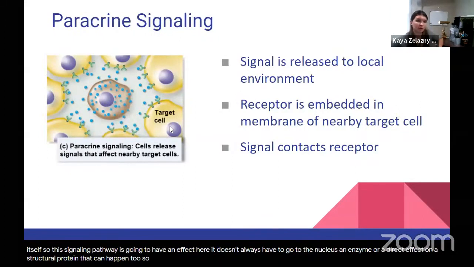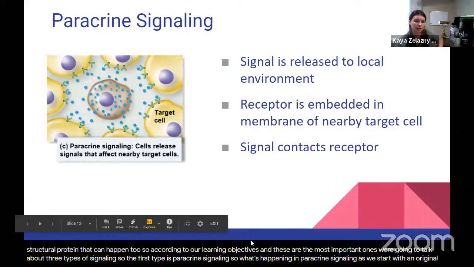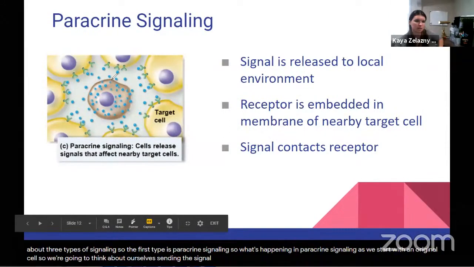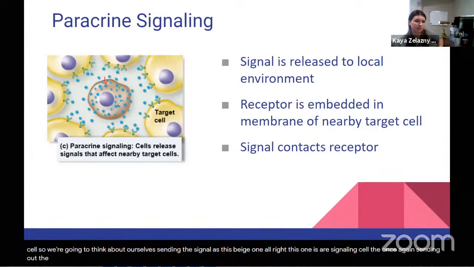So according to our learning objectives, and these are the most important ones, we're going to talk about 3 types of signaling. The first type is paracrine signaling. What's happening in paracrine signaling is we start with an original cell. We're going to think about our cell sending the signal as this beige one, right? This one is our signaling cell, the one sending out the signal.